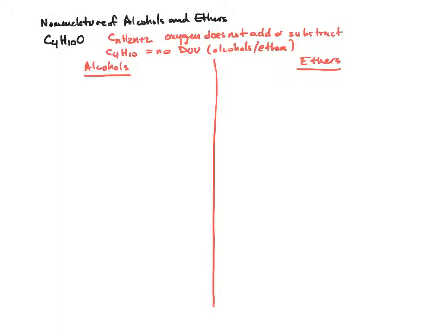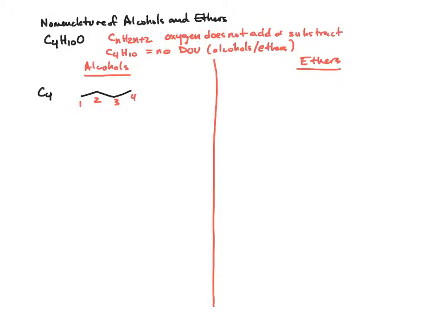So for C4H10O alcohols, let's start with a C4 chain. So let's go ahead and draw a C4 chain. And so basically we have to consider putting an oxygen on this chain, and let's do it in a logical fashion. Let me go ahead and number here 1, 2, 3, 4.